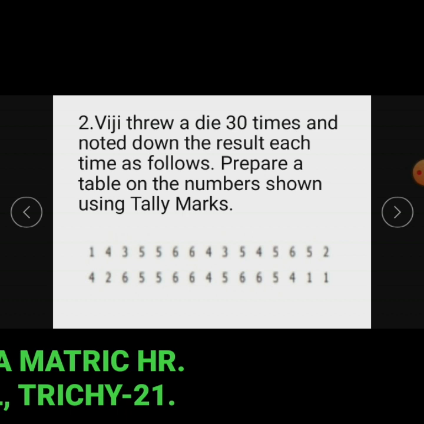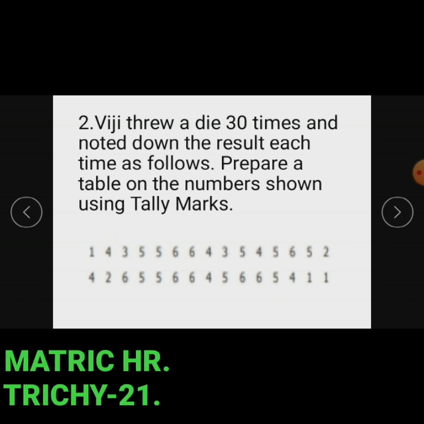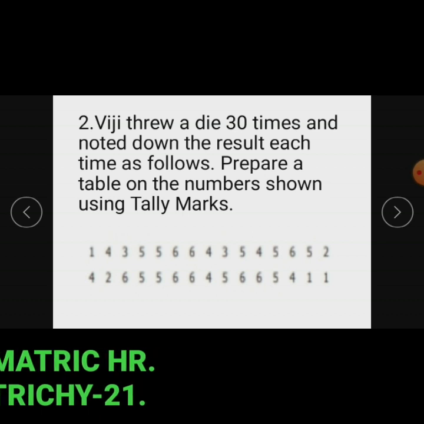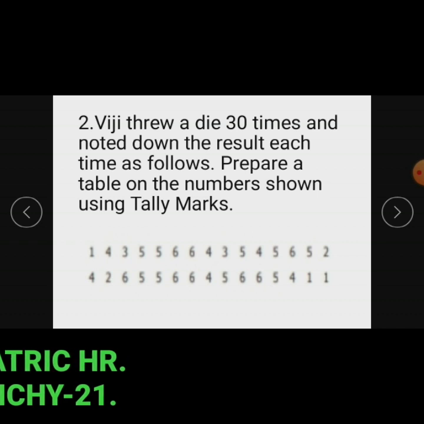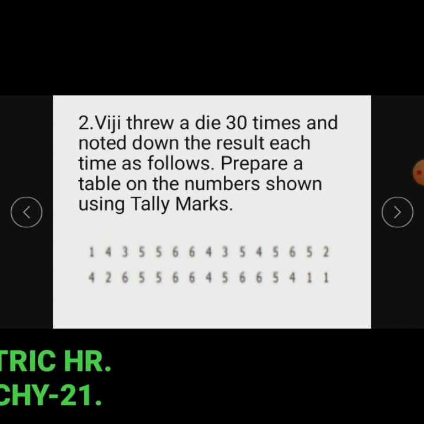Question number 2. Viji threw a die 30 times and noted down the result each time as follows. Prepare a table on the number shown using tally marks. A die has 6 faces.